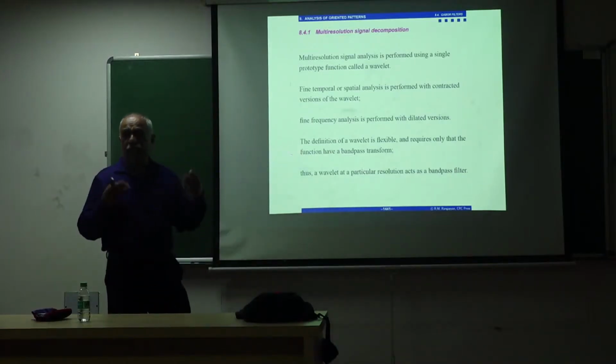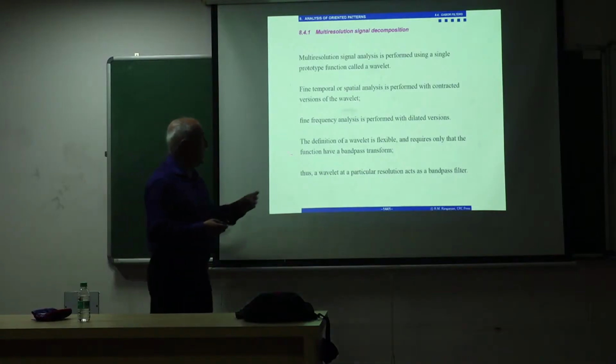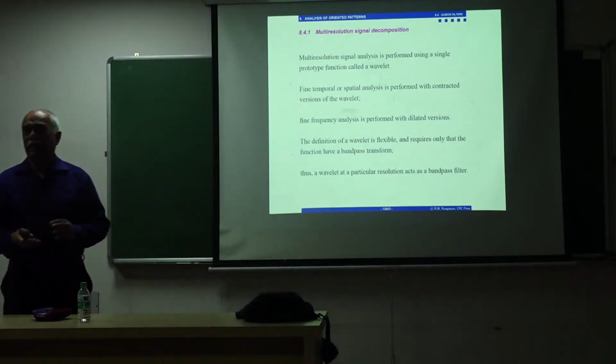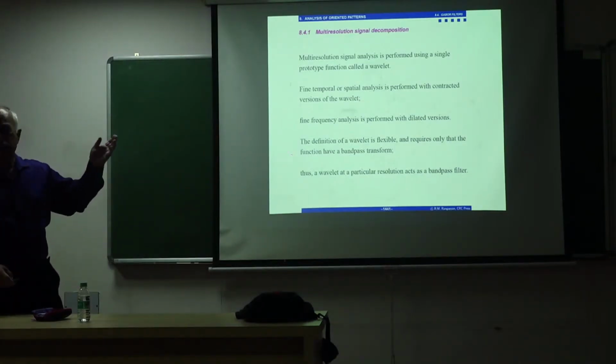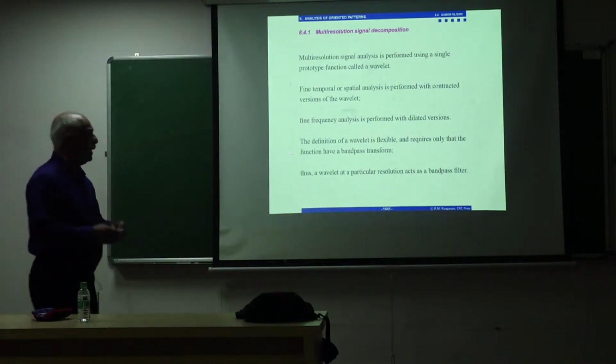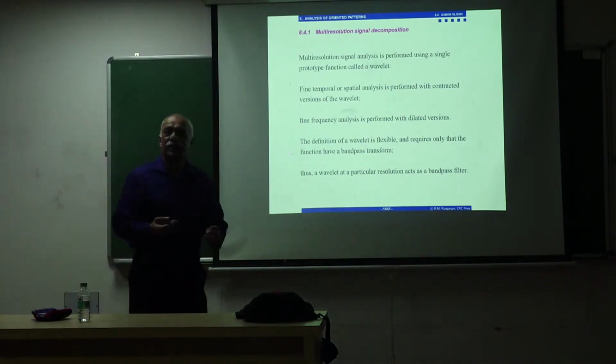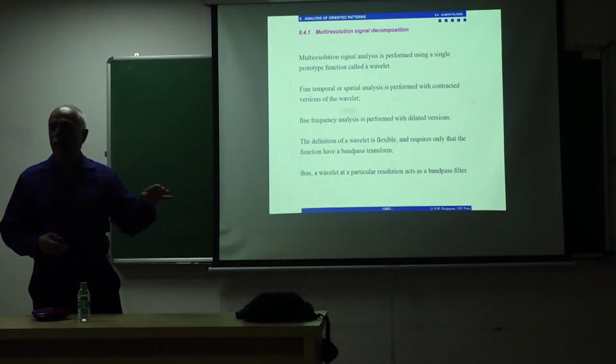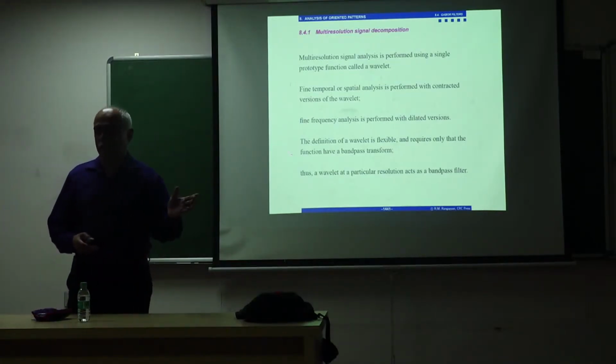The definition of a wavelet is flexible. So in the literature, you have seen many types of wavelets. There are some requirements. The function must have a bandpass transform. There are a few other admissibility criteria. I think I've stated some of them earlier. It depends upon which of those are relevant in your application. Some may not be relevant in filtering without the need to reconstruct.